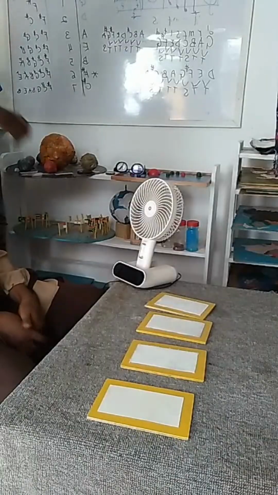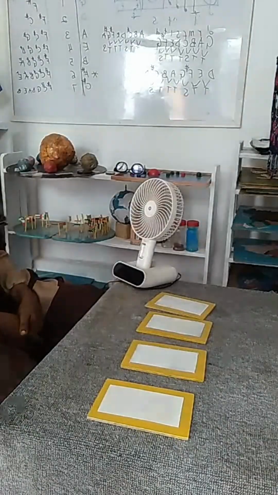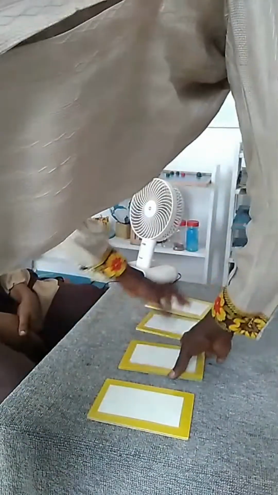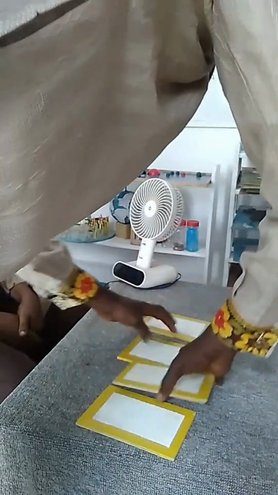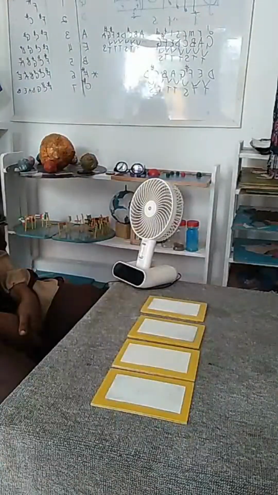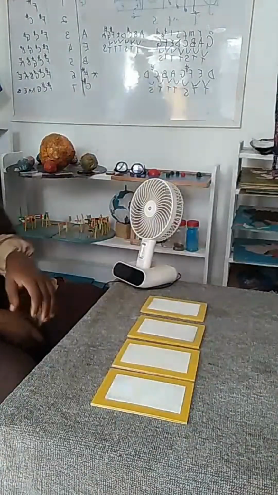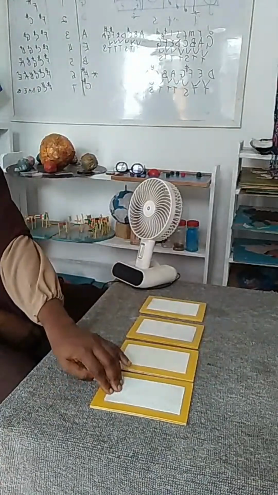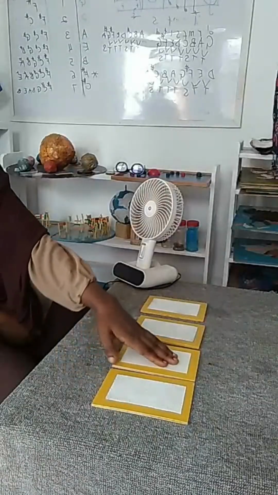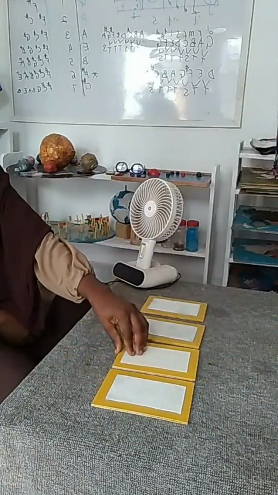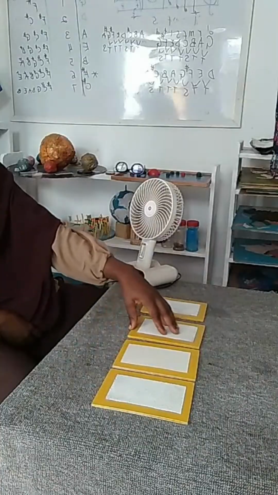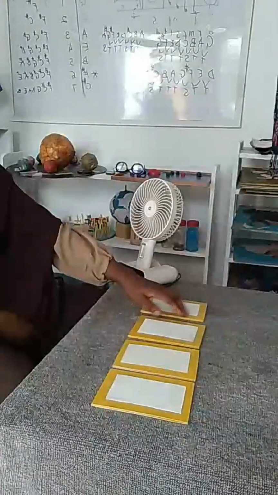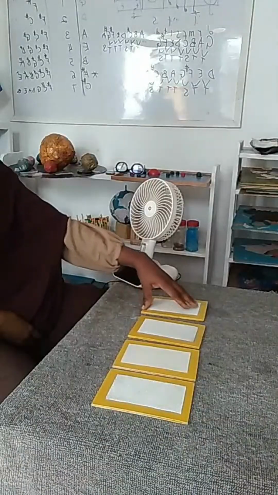Okay, are we good? Can you differentiate? This is the roughest. This is small. This is rougher. And this is rough.